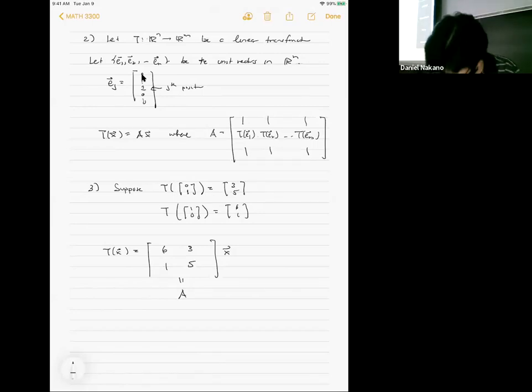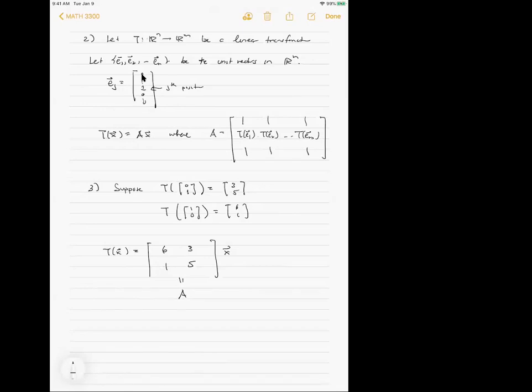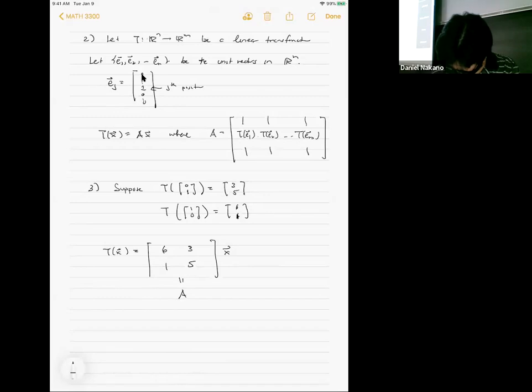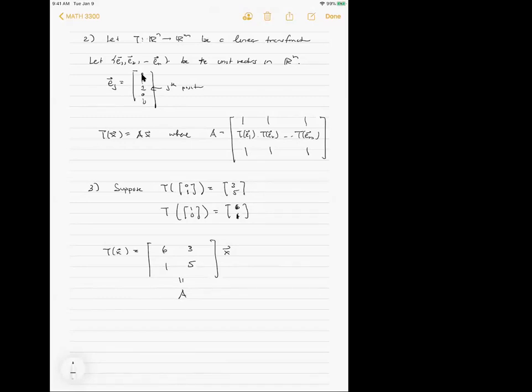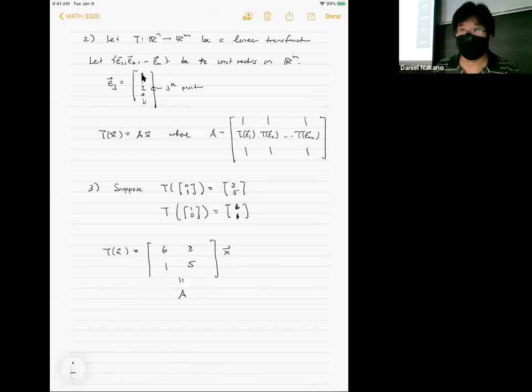Let's see, to the left of 3, it kind of looks like a 6. Yeah, so this is a 6, 1. Oh, okay. Any questions on this? I think you've done problems on this.